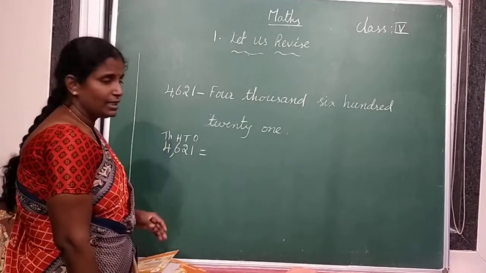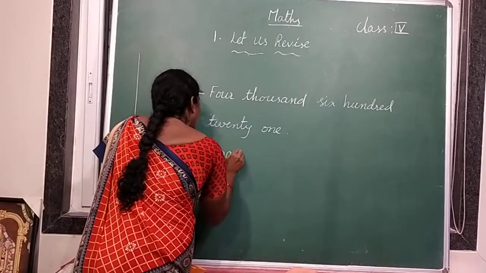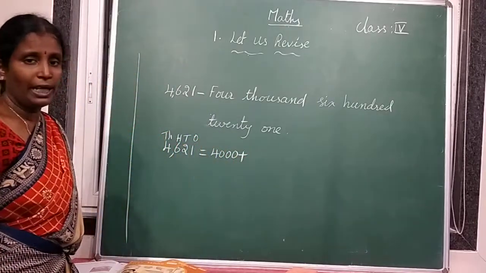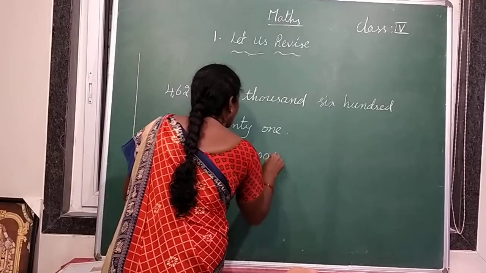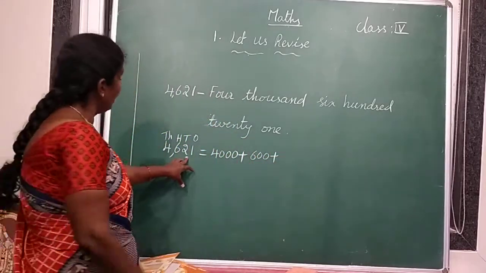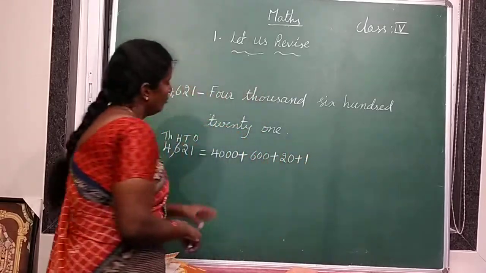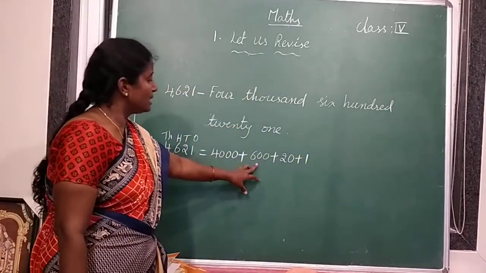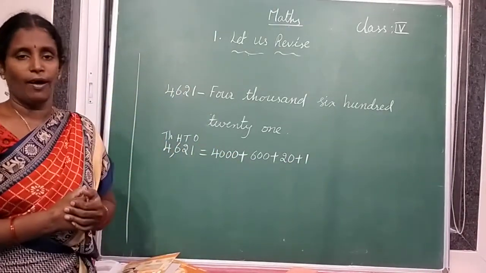So how many thousands are there? 4,000 plus 600 plus 20 plus 1. 4,000 plus 600 plus 20 plus 1. This is the expanded form.